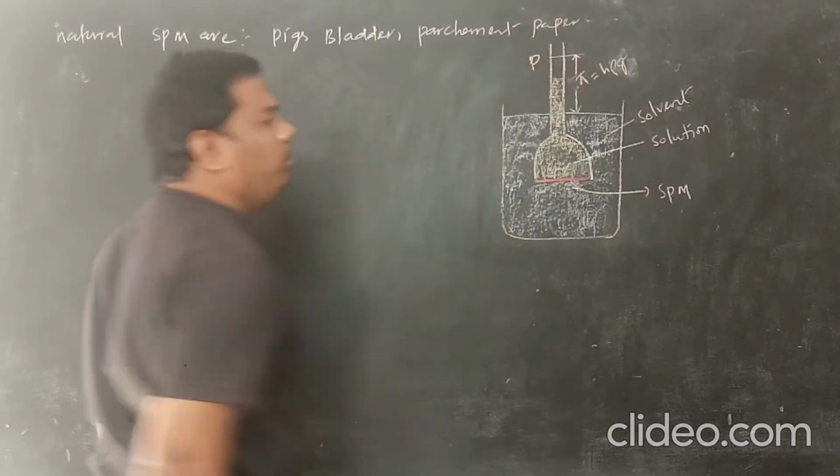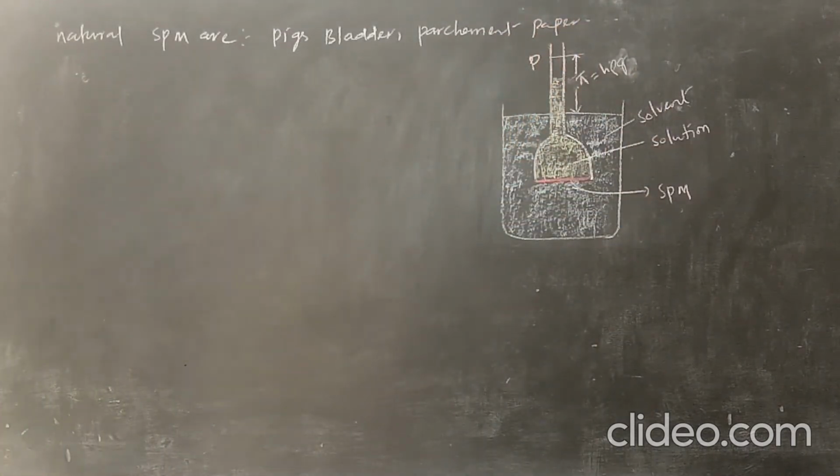So these are the examples for natural semi-permeable membrane. Okay.